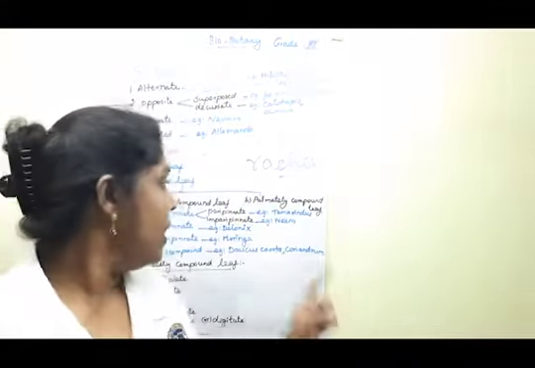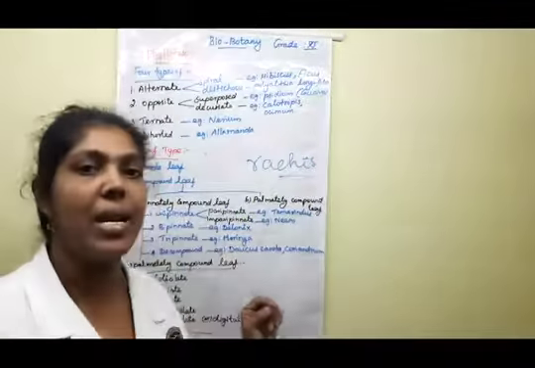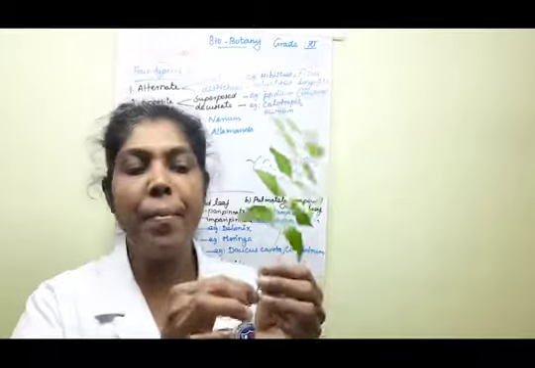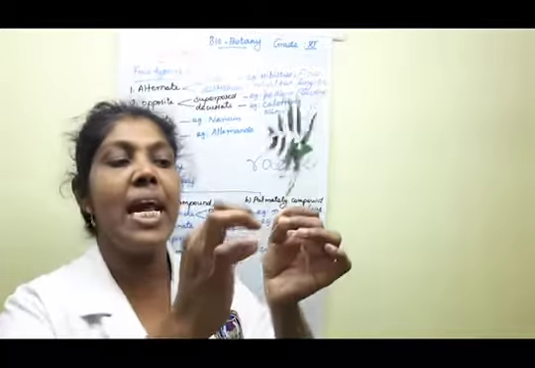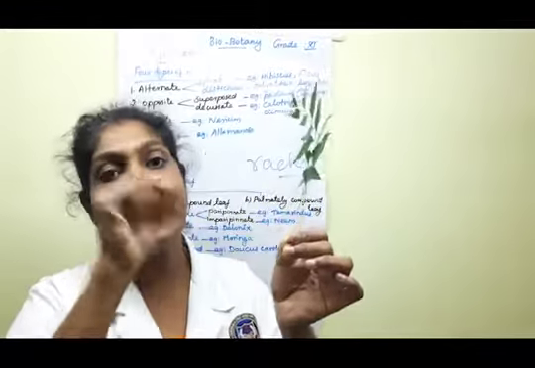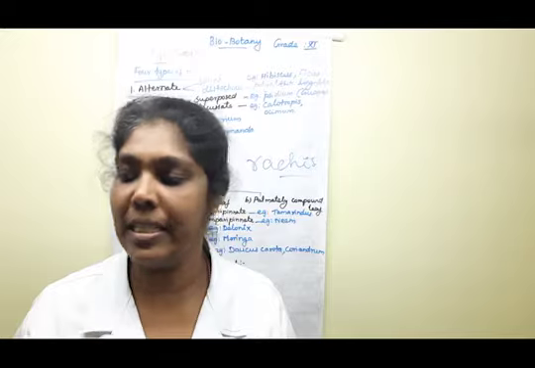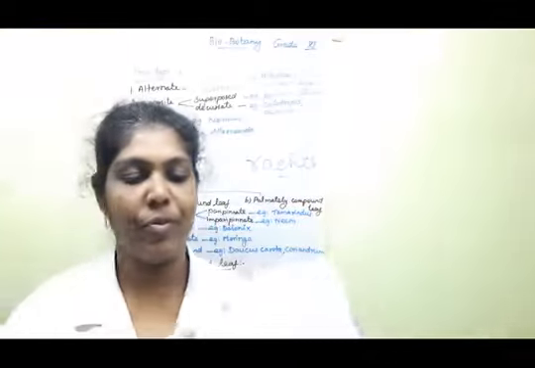Clear? Yes. Good. The next one, the second type, is bipinnate. Bipinnate, you know that. This is the primary rachis. From this, a secondary rachis develops. On that secondary rachis, leaflets are present. That is what we call bipinnate. Clear, children? Just look at this photo.